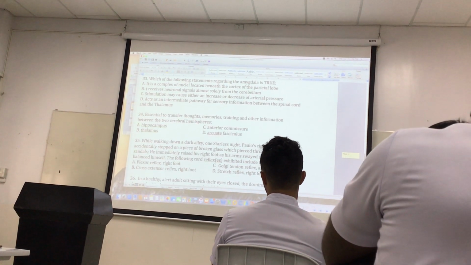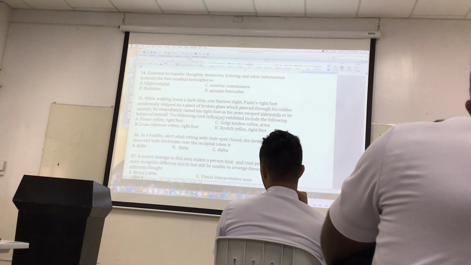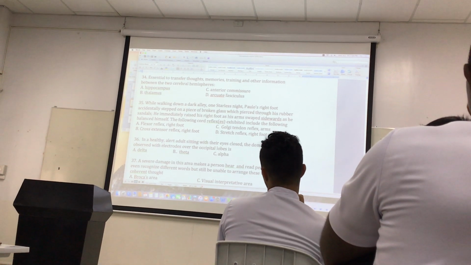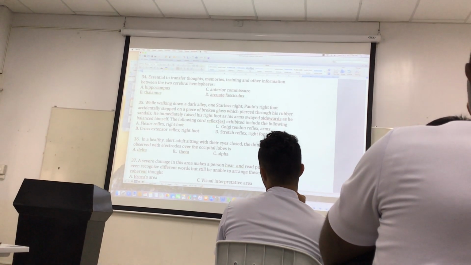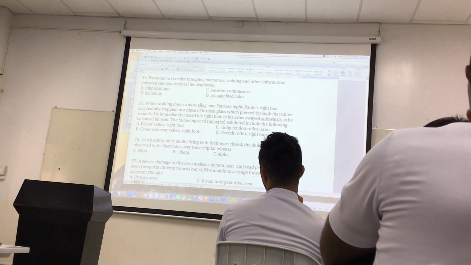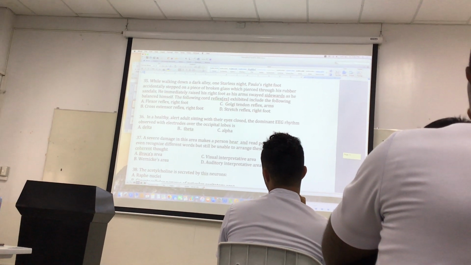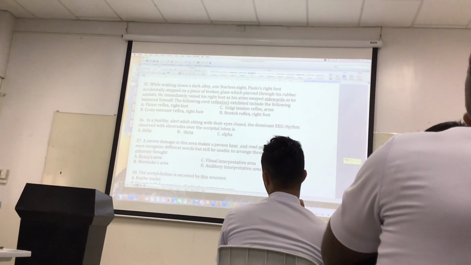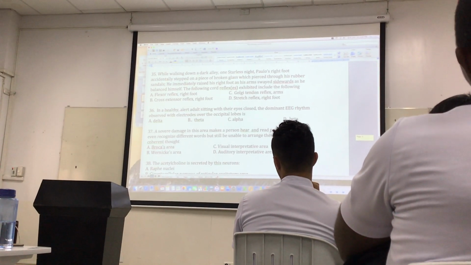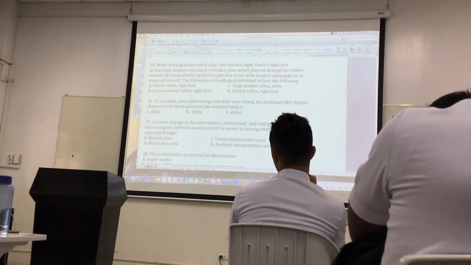The vegetative functions. Essential to transfer thoughts, memories between the two cerebral hemispheres. Anterior commissure. What's the other one? Corpus callosum. Okay, so a painful stimulus in the right foot leads to flexion of the right foot.